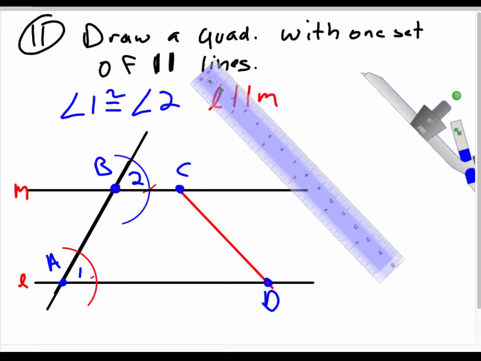Okay, so I drew the quadrilateral, but they said the side lengths of A and B. So now technically, here's the thing. Now that I've drawn my first quadrilateral, I have some side lengths.